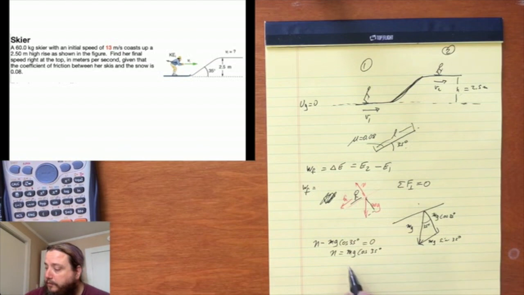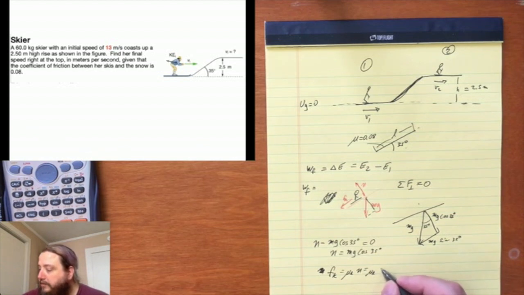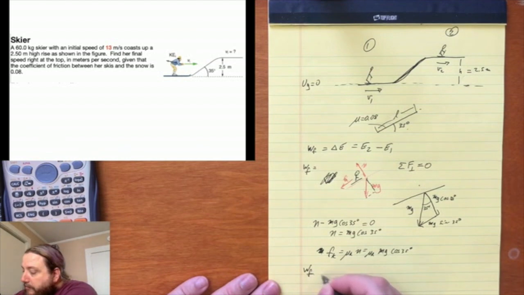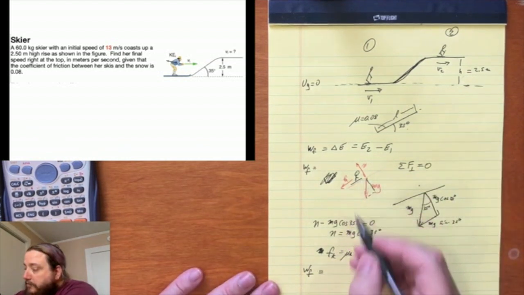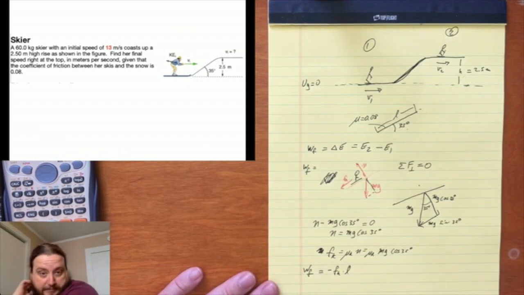Which means that the magnitude of the friction force, F sub k, is mu k times the normal force, which is mu k times mg cosine of 35 degrees. And so finally, the work done by friction is going to be minus F sub k times this distance L.